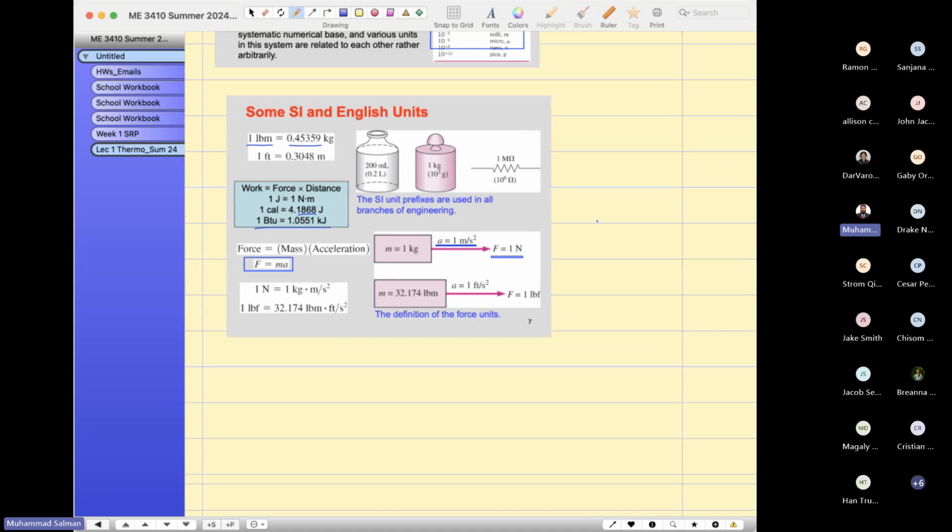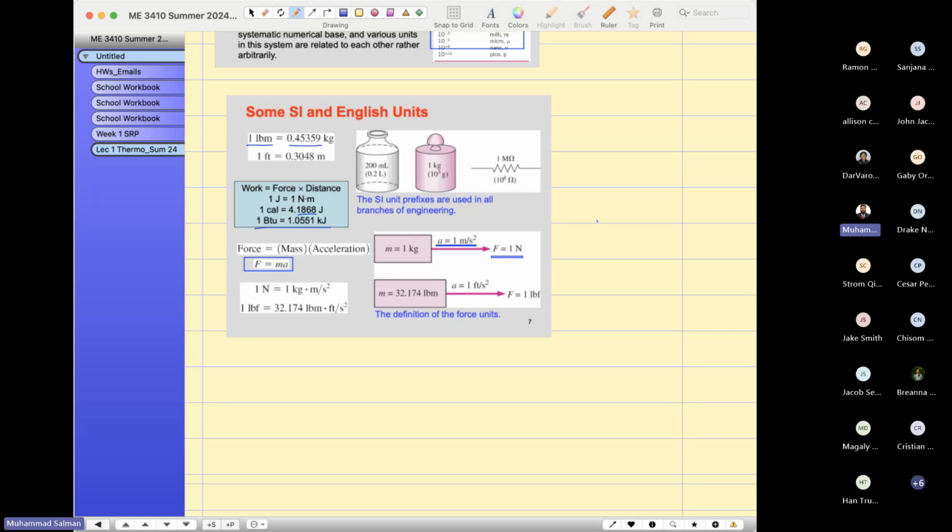We will be learning our problems in both systems, because in industry sometimes we are still using pounds, feet, inches, and therefore students should know how to solve the problem in both units.